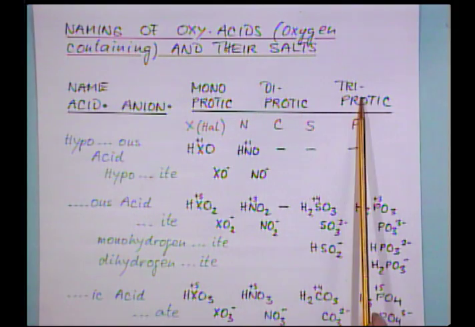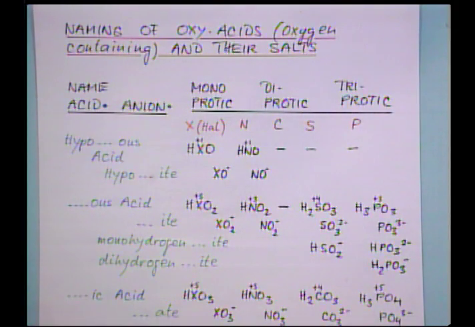Monoprotic, diprotic, triprotic tells you how many protons an acid molecule can release per molecule. So carbonic acid can give up two protons, nitric acid 1, phosphoric acid 3. So you see we differentiate the acids accordingly.